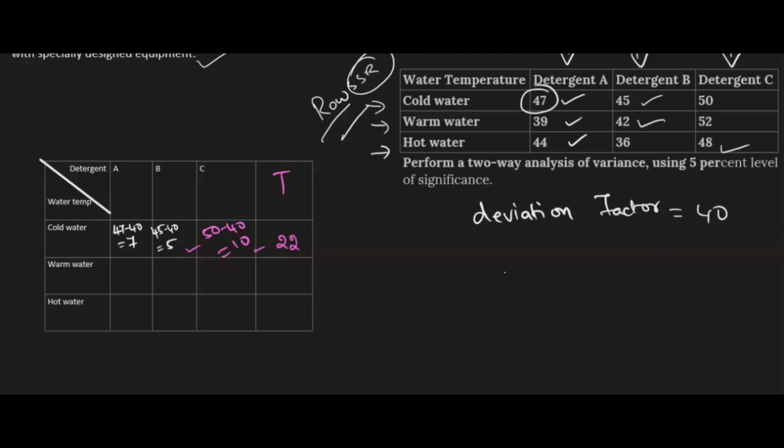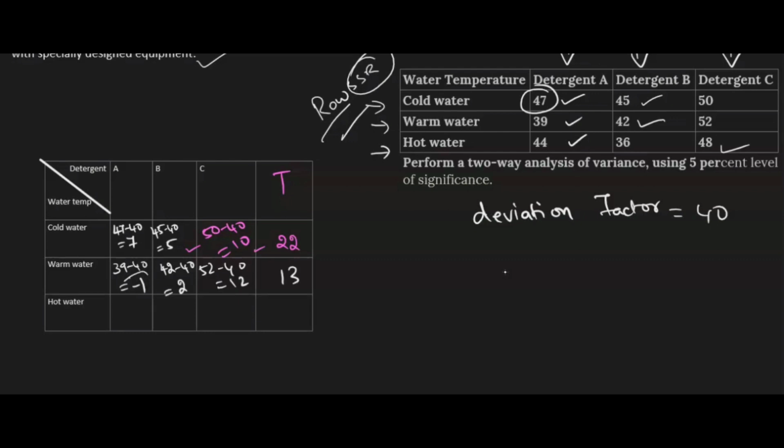Same way we are going to subtract the values, that is 39 minus 40, which is minus 1, write it along with the sign, 42 minus 40, which is 2, 52 minus 40, which is 12, and the total of 12 plus 2, 14, 14 minus 1, 13.